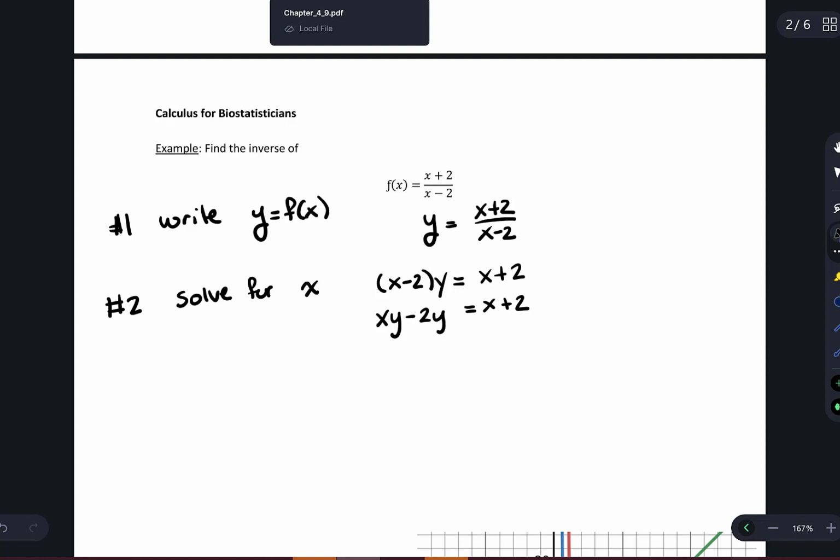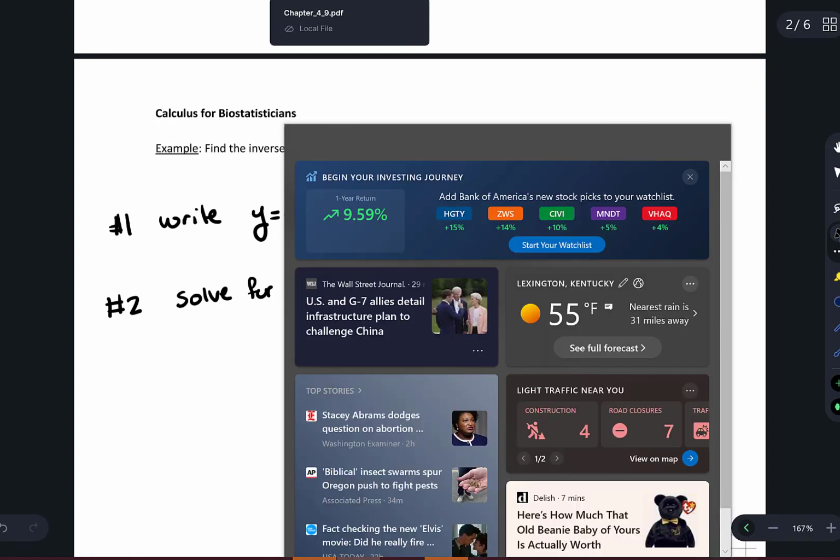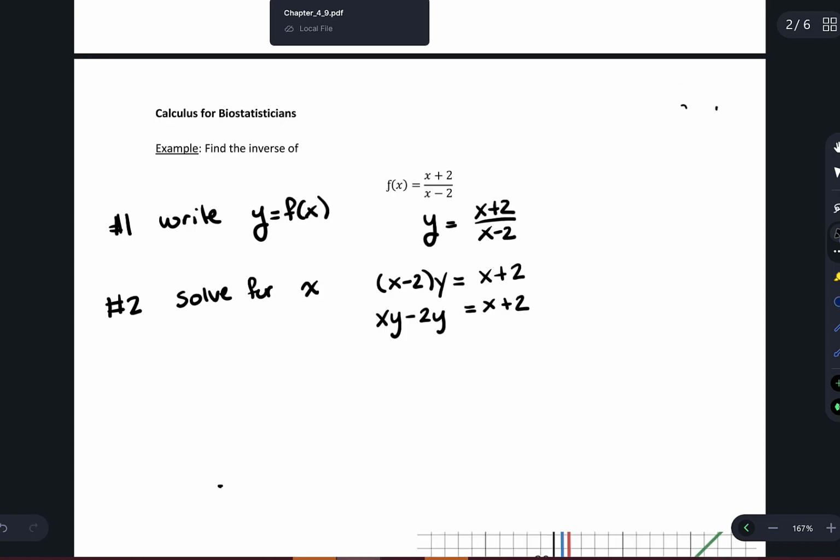Next, I'm going to move the x terms over to the left-hand side of the equation and all the other terms over to the right-hand side. So I'm going to have x minus xy is equal to 2y plus 2.